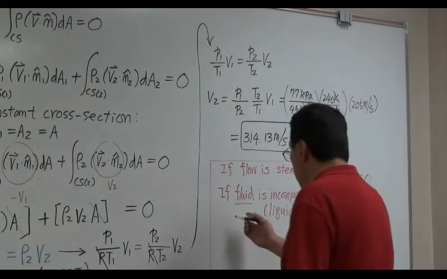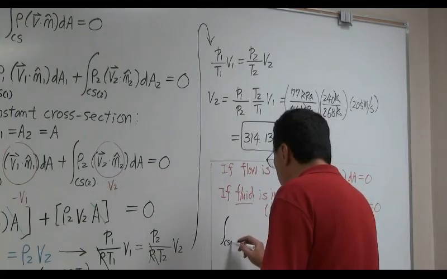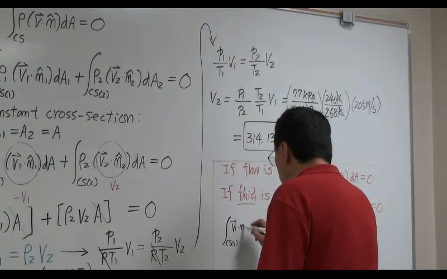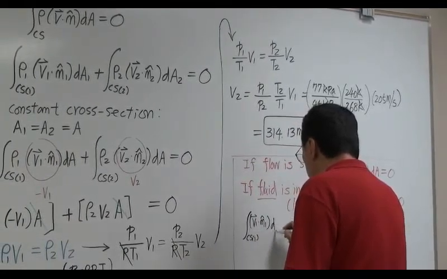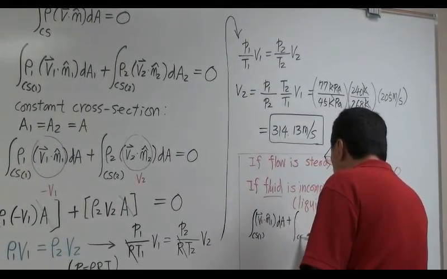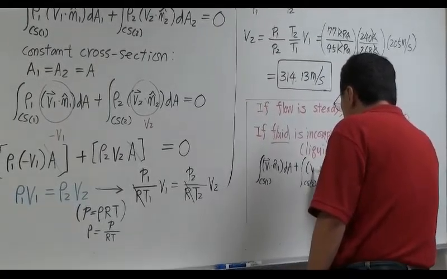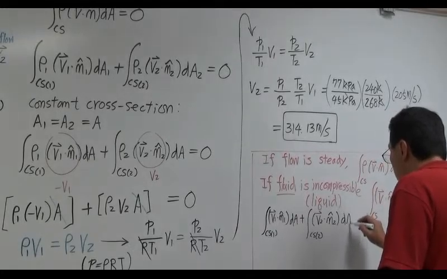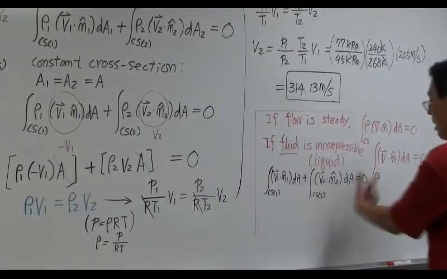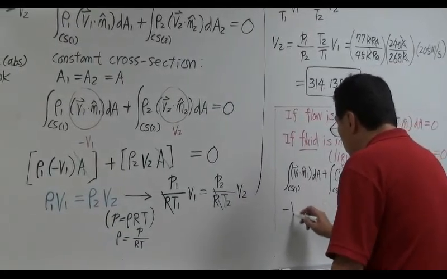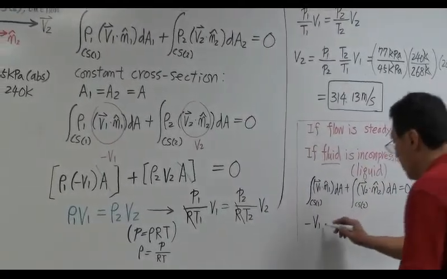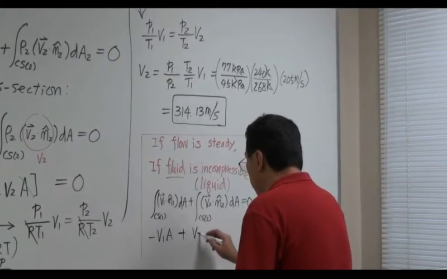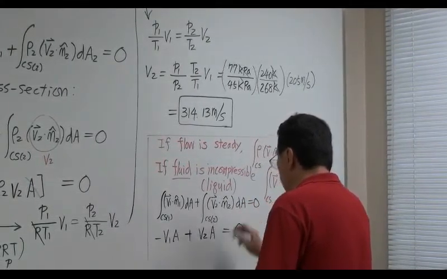Now this really means that integral over CS1 of V1 dot N1 dA plus integral over CS2 of V2 dot N2 dA is equal to 0. If you move on, this is going to be minus V1, and then integration gives you cross-section area A, plus V2, cross-section area A, equals 0.